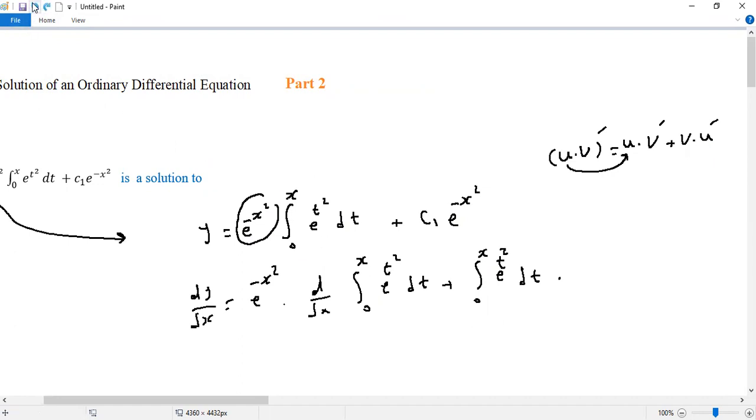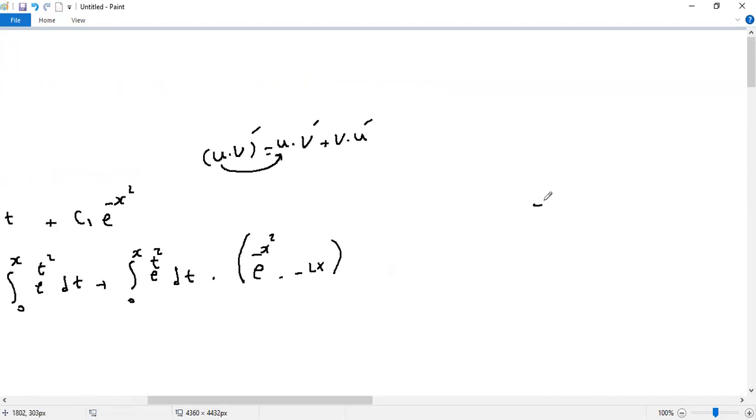The u prime is the derivative of e, which is the same e, multiplied by the derivative of the power, negative 2x. See, the derivative of e to the power u equals e to the power u times u prime.